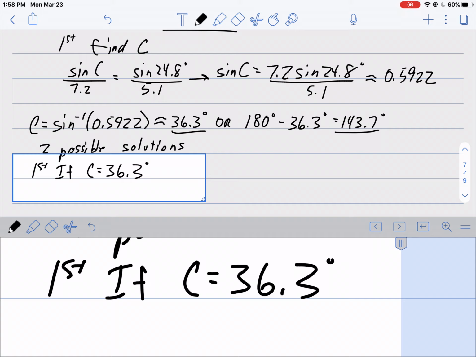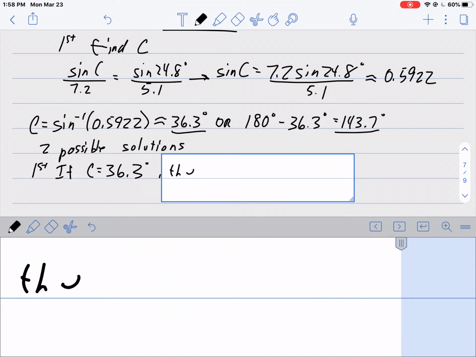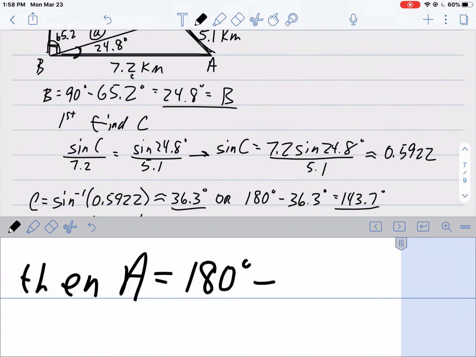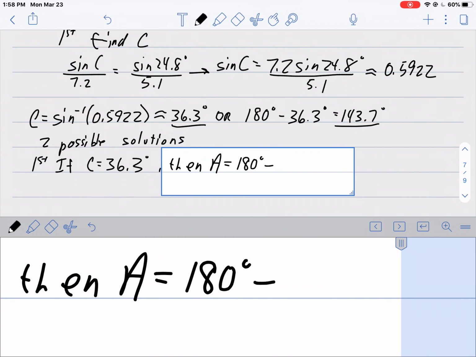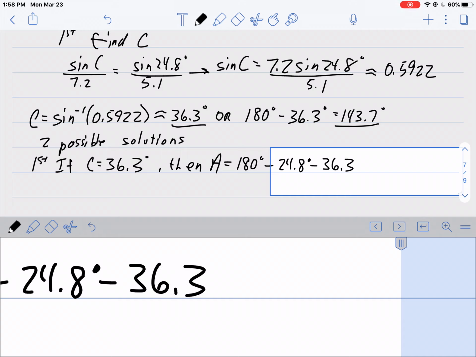So that we could find angle A. And then we could set up our ratio to find the length of side A. So if C is 36.3, then A in that case would be 180 minus our 24.8, which was angle B, minus this 36.3. And that would give me a measure of angle A at 118.9 degrees.